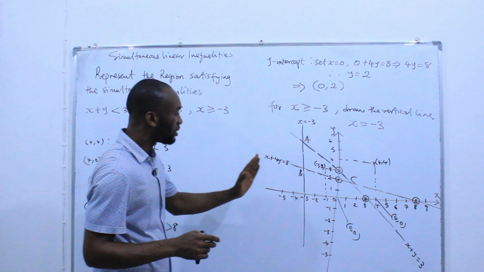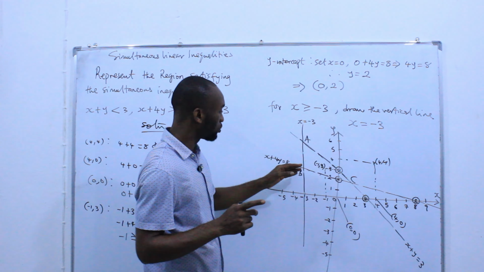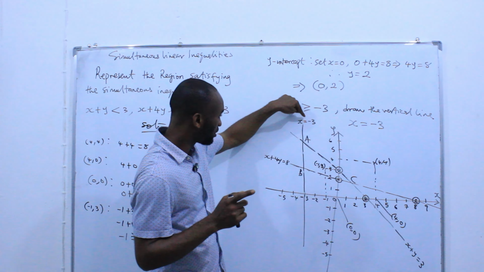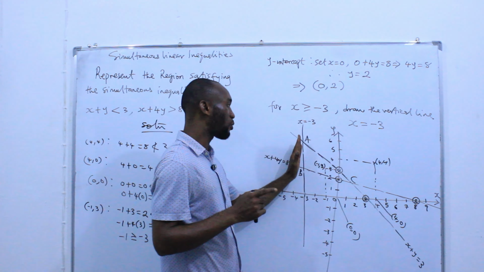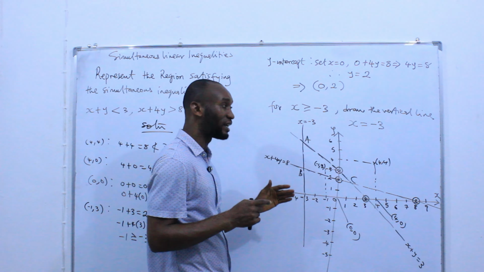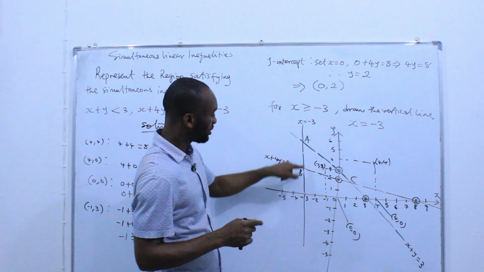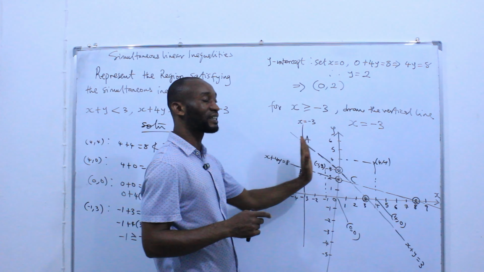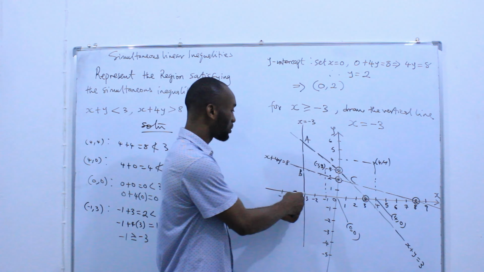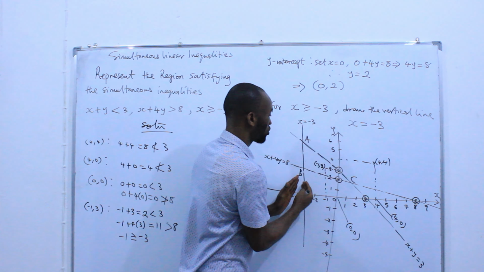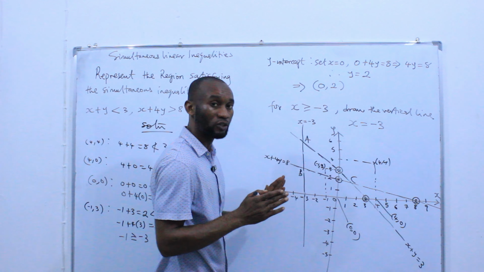Now, it is necessary to also say something about this vertical line. Why we are not using this side of the vertical line is because the inequality describing this vertical line says that x is greater than or equal to -3. So from this -3 forward is where we are going to shade.